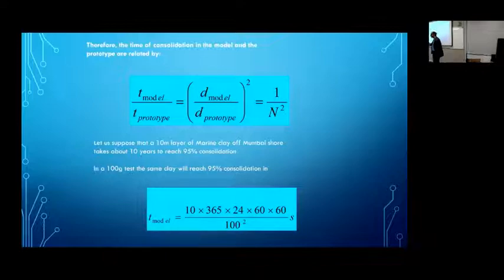So if I construct something now, I will only know how much it is going to settle 10 years from now. Now suppose I use the scaling law in a 100G test again and work out how long it will take in the centrifuge. I just put 10 years, 365 days, 24 hours, 60 minutes, 60 seconds, over 100 squared. That gives how many seconds it should take in the centrifuge model.